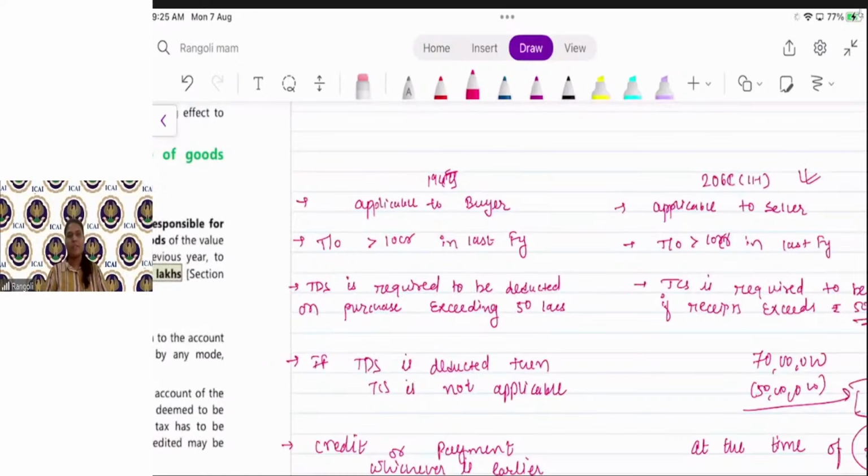Now, what does 194Q say? Section 194Q is applicable to the buyer. Now, what is the definition of buyer? The buyer is the person whose turnover in the last financial year is more than 10 crore, same as the seller, right?